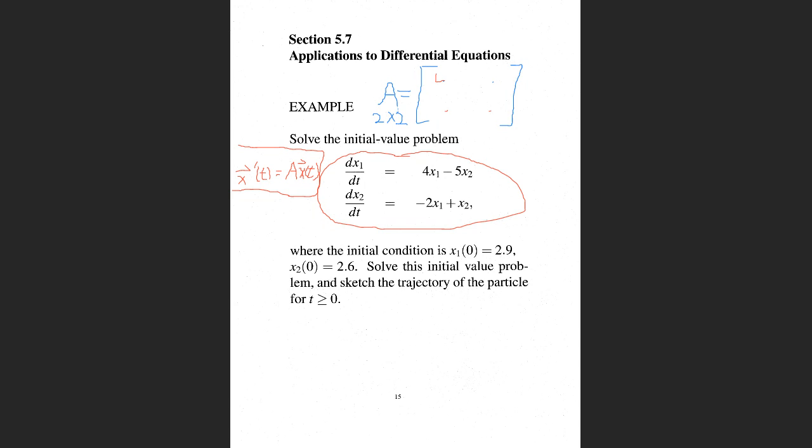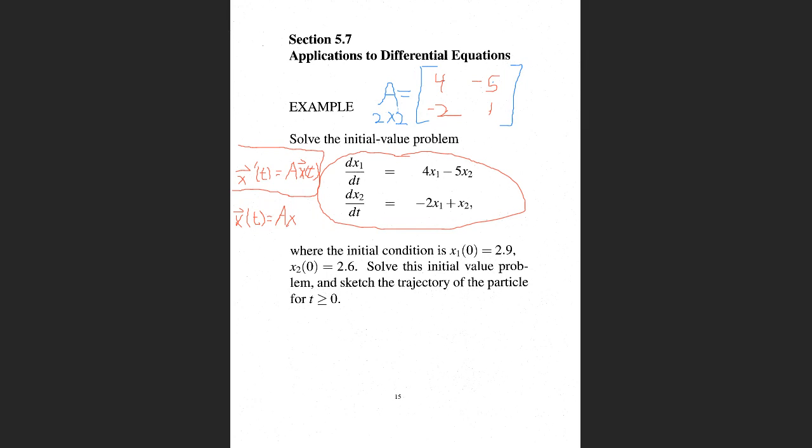That's right, Nafani. 4 and -5. And what about the second row? That has to be -2, good, Nafani, and +1. Okay, so again, let me rewrite it here with a little more space.